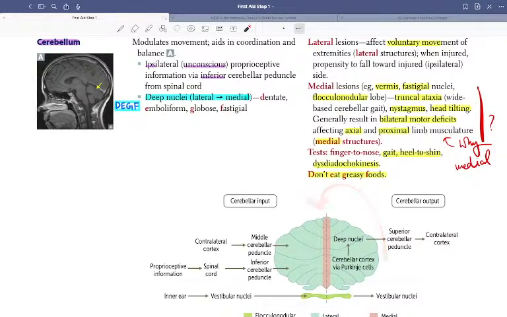Next is lateral lesions. They affect voluntary movement of the extremities.